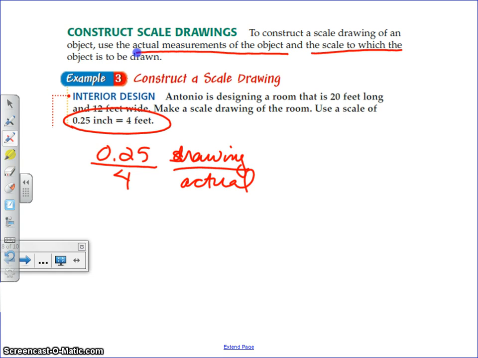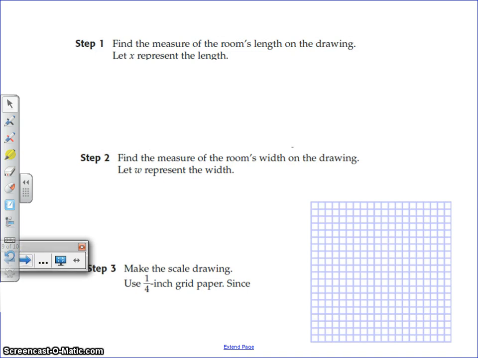That's what we're going to use for our scale, half of our proportion. We have to measure the room's length on the drawing, so we want drawing compared to the actual. Let X represent the length.